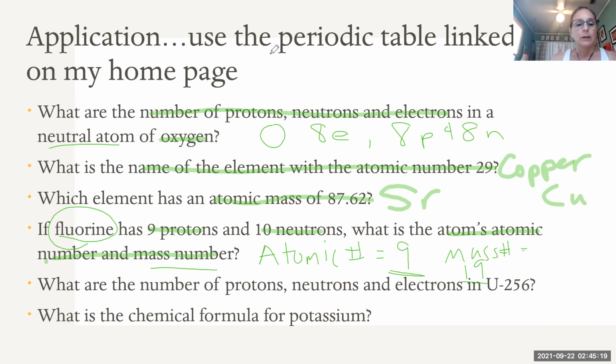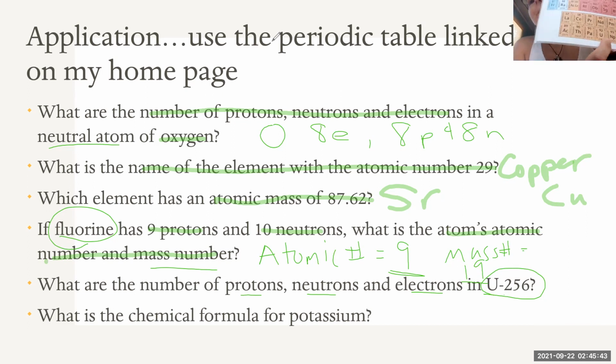Next one. What are the number of protons, neutrons, and electrons in U-256? This is uranium. Uranium is radioactive, and it's really cool. Let me find uranium on the periodic table. Come on, where are you? There you are.